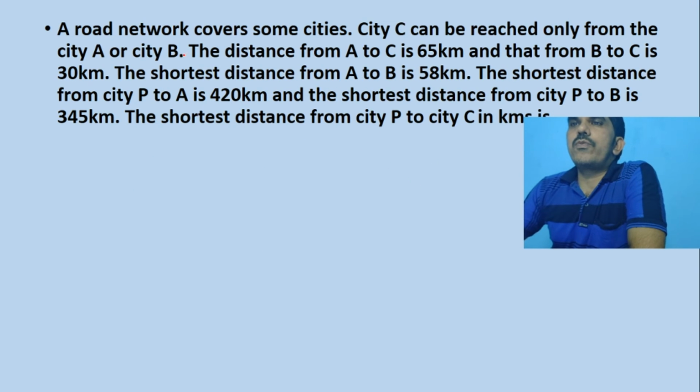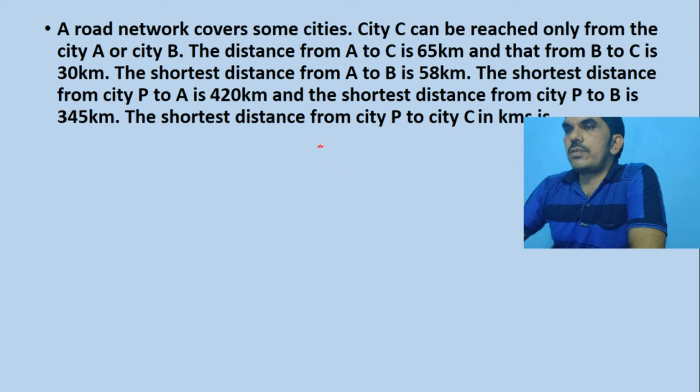A road network covers some cities. City C can be reached only from city A or city B. Now, what is given?